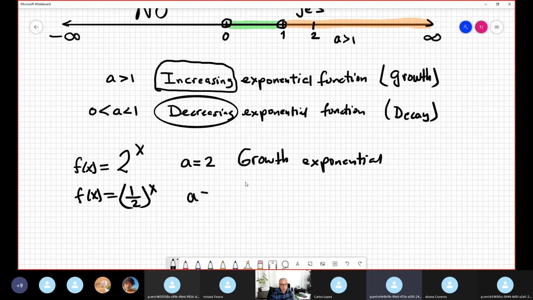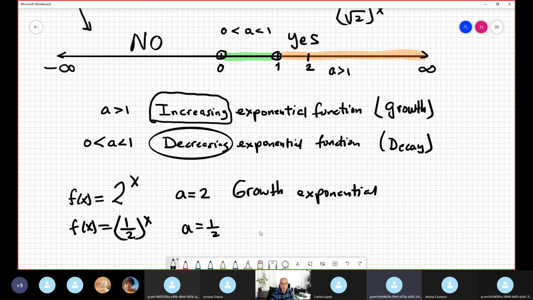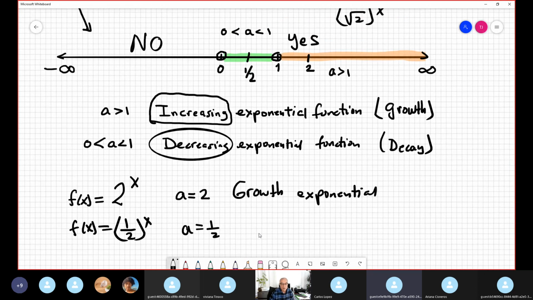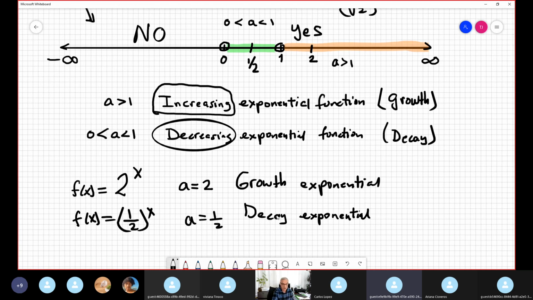The base is 1/2, and when the base is between 0 and 1, it's a decay exponential. You accept this idea, because I promise that next lecture I will explain in detail why it is growth and why it is decay, right?